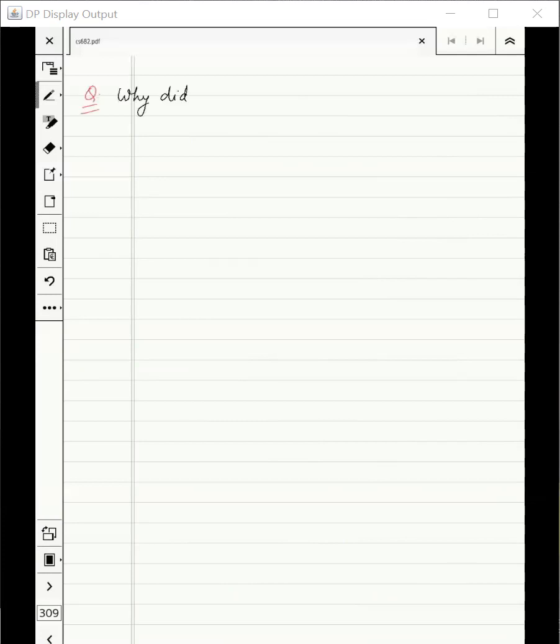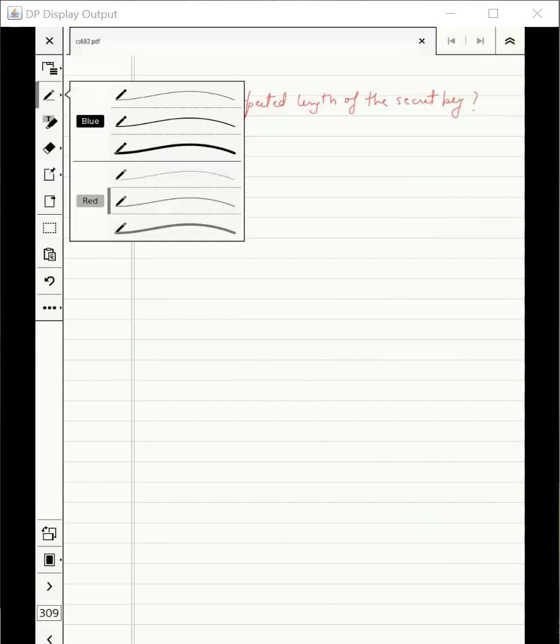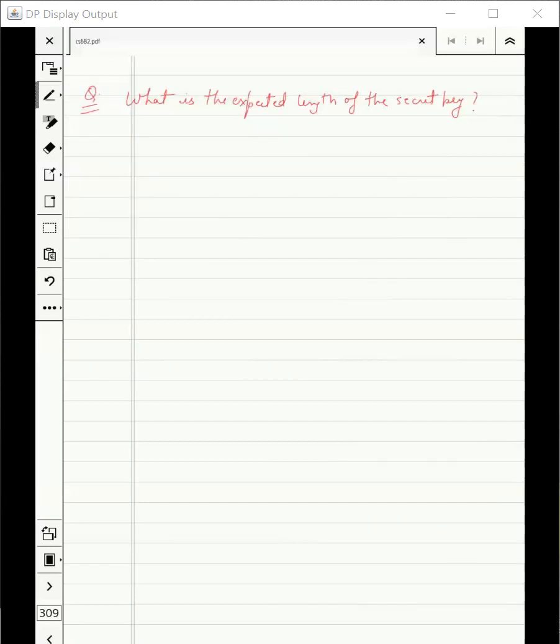What is the expected length of the secret key? N by 2.